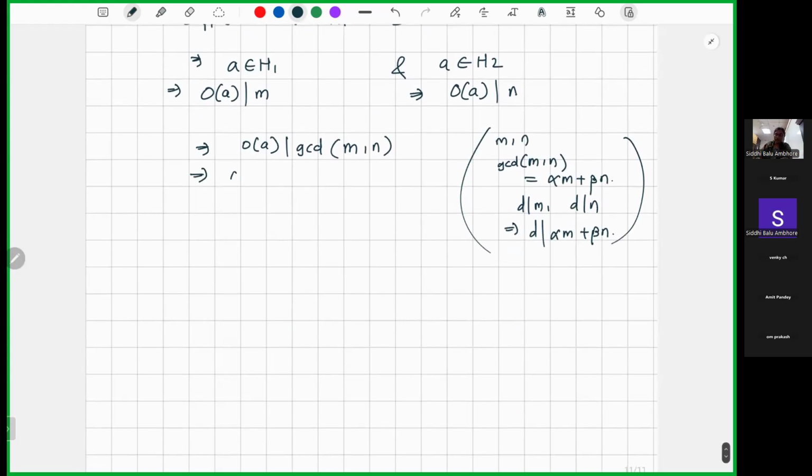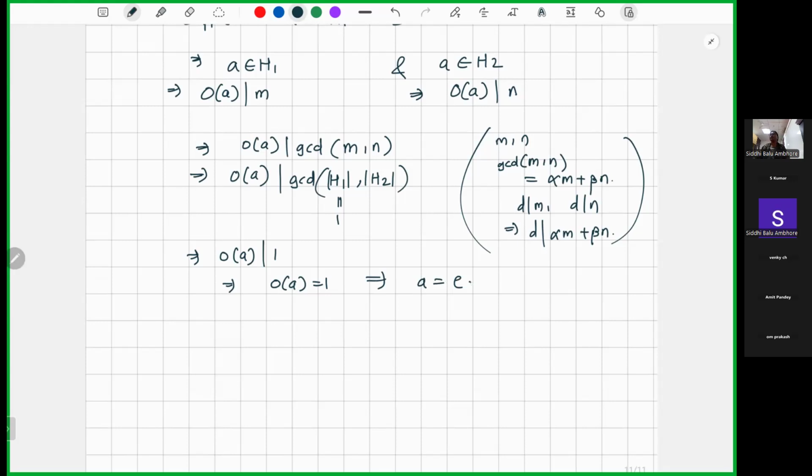So the order of A will divide the GCD of the orders of H1 and H2, which is 1. So the order of A divides 1, which implies the order of A is 1, and then A becomes the identity. The identity element is the only one that has order 1.